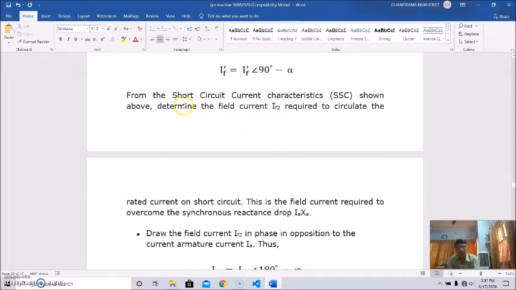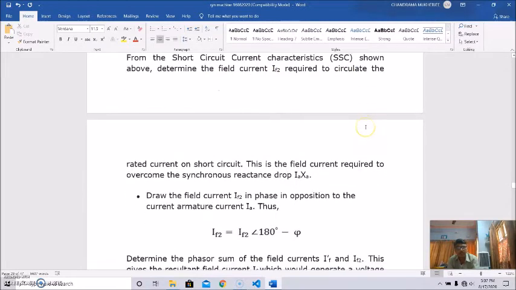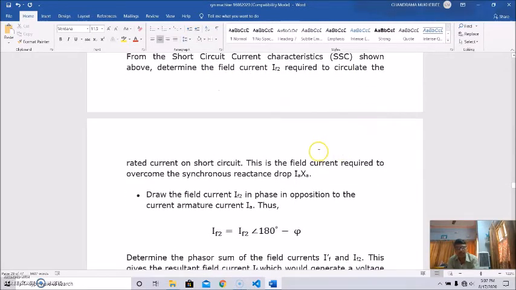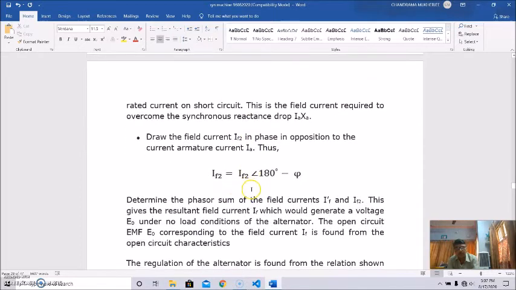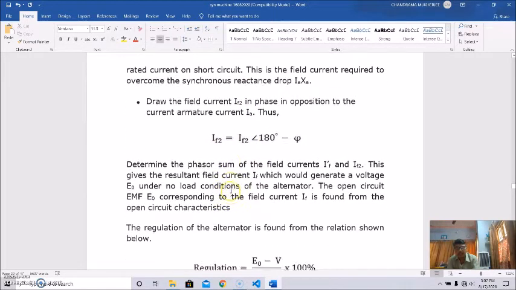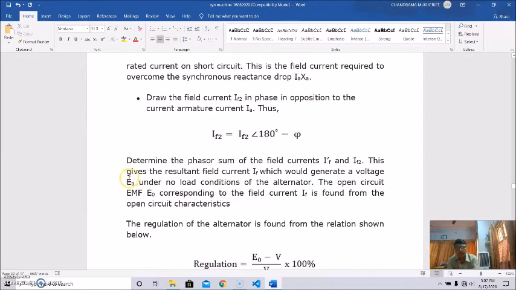IF2 can be obtained from the short circuit test. Determine the field current IF2 and, by calculating the phasor sum of IF dash and IF2, we get the field current required for the generated voltage E0.